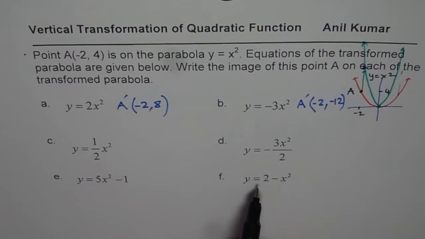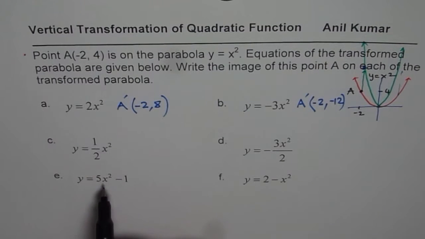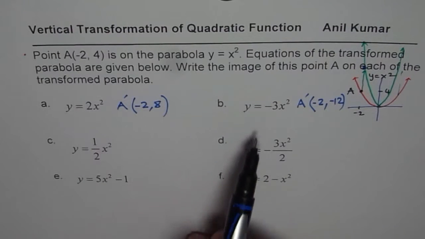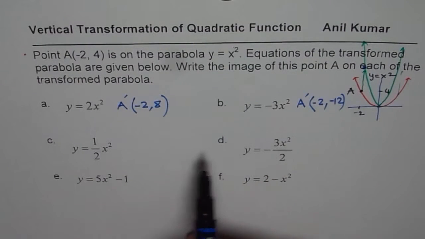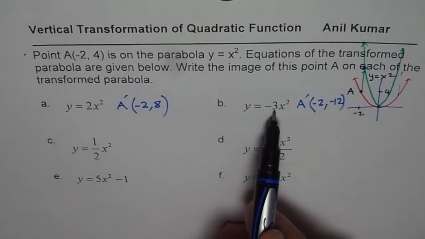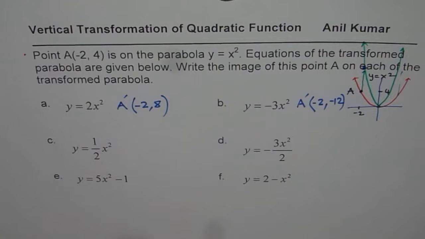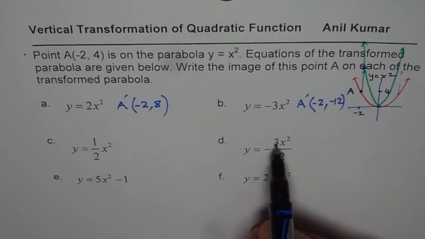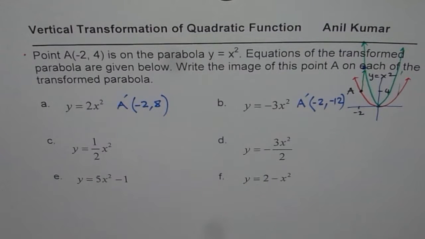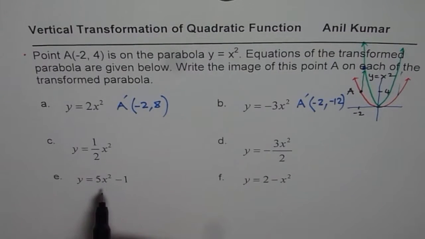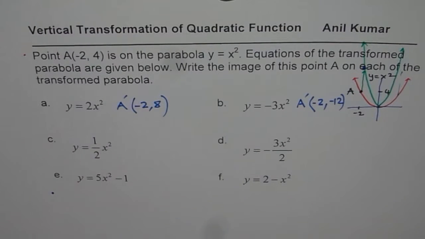Now E and F are slightly different. Here we have 2 kinds of transformations. The earlier transformations were reflection because of minus, or vertical stretch if it is more than 1, vertical compression if it is less than 1. This is also a vertical stretch, 1.2, 1.5 times, right? In this case, can you tell me what the transformations are? Here we have 2 transformations.